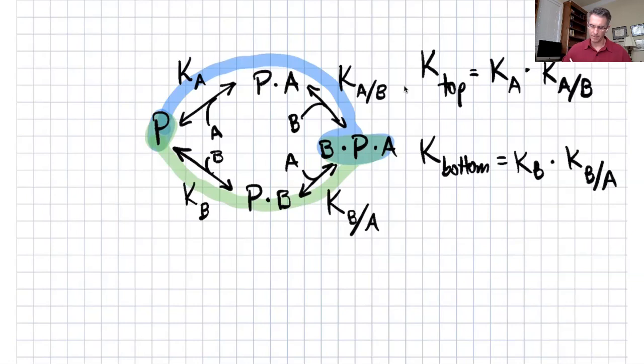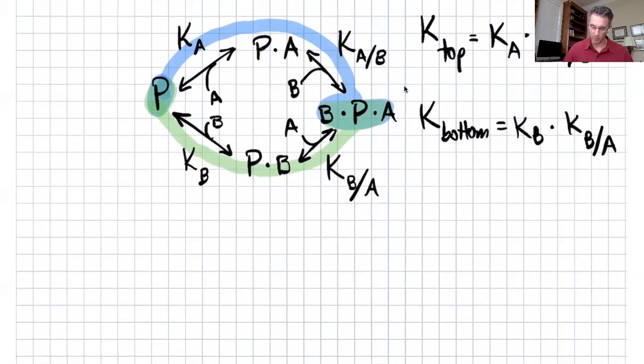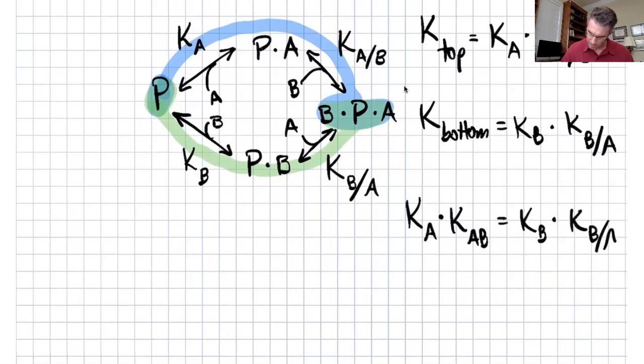Okay, but because of the free energy condition we just set up, the other thing we know must be true is that Ka times Ka over B has to equal Kb times Kb over A, right? Because the free energies of the two half cycles have to be equal to each other. If that's true, then the following has to be true.